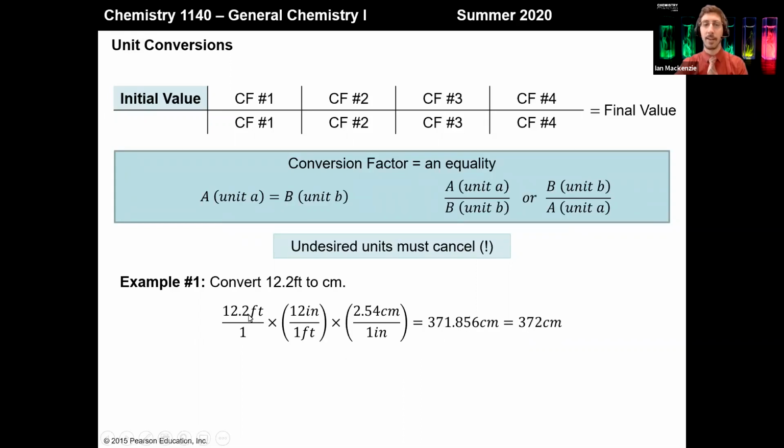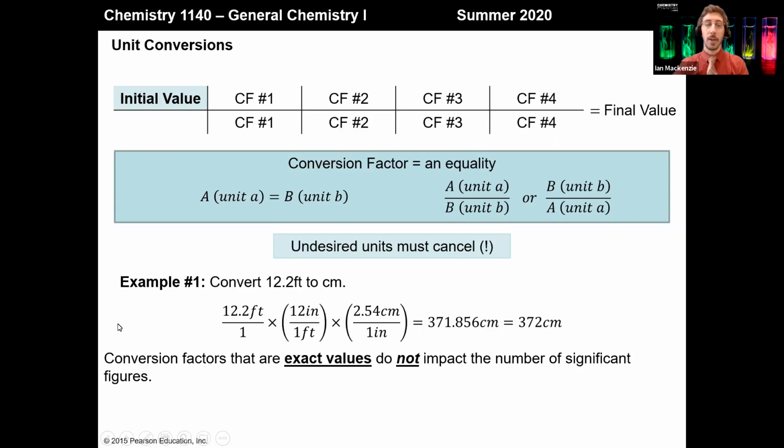You might wonder, why does it have 3 when 12 only has 2, or 1 only has 1? Well, that's where we have one thing we have to keep in mind. Conversion factors that are exact values have no impact on the number of significant figures, because there's no uncertainty associated with those values. There is exactly 12 inches in 1 foot. That's the definition of a foot.